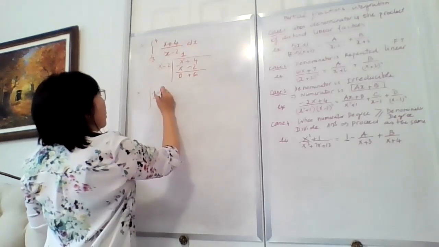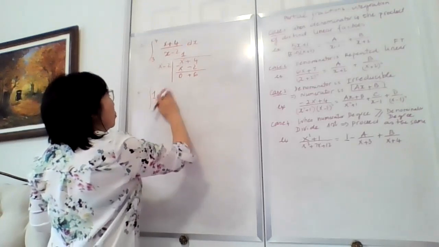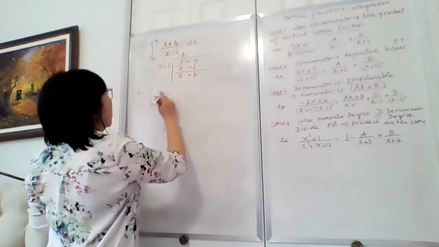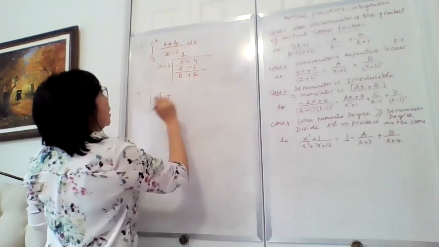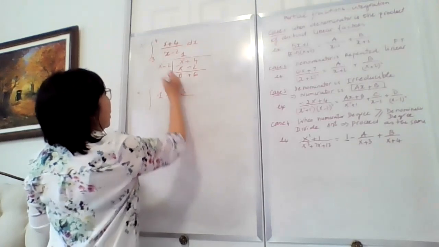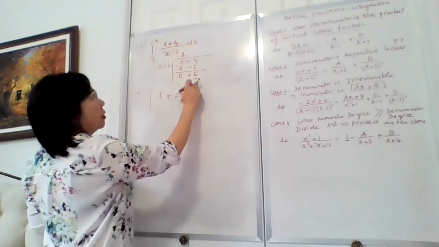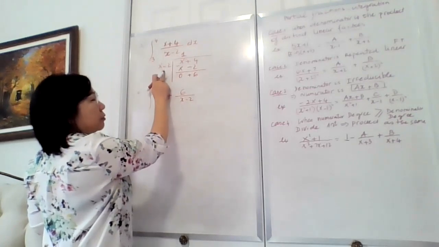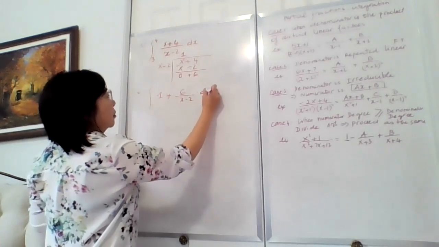And if you put it in the integration, it's just 1 dx. Or you can put it like this as well. You can say 1, adding with the second one, which is 6 divided by x minus 2, because this remainder has to be kept divided by this. We're not done yet. And that's how it looks.